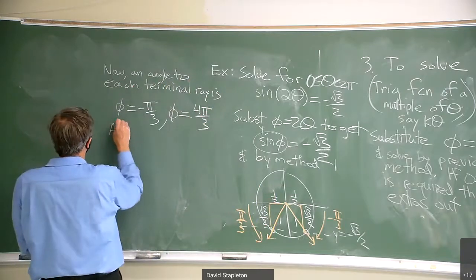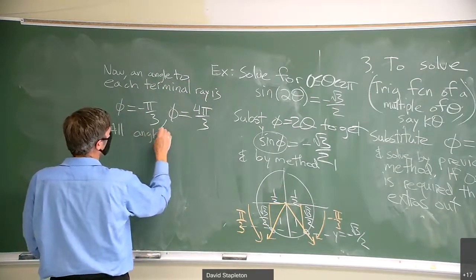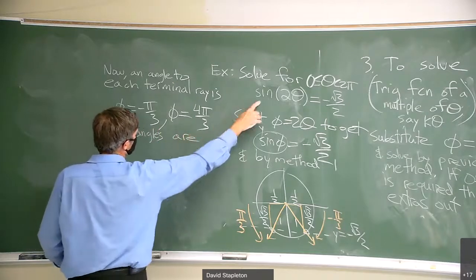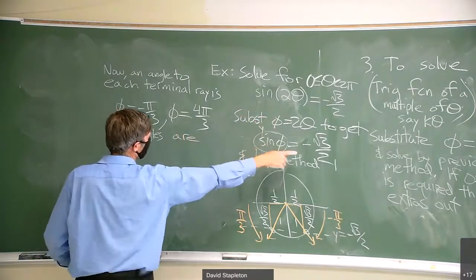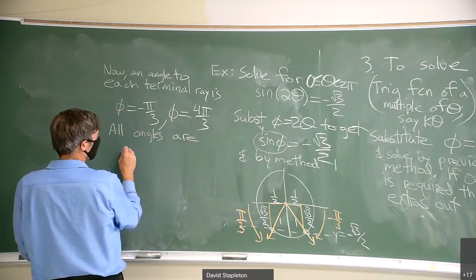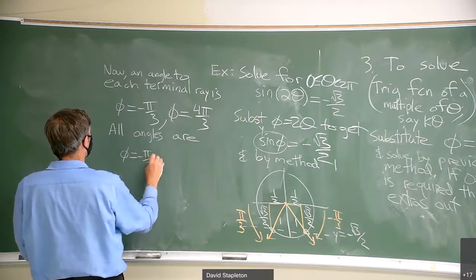All angles satisfying sine phi equals minus square root 3 over 2 are phi equals these plus 2k pi.